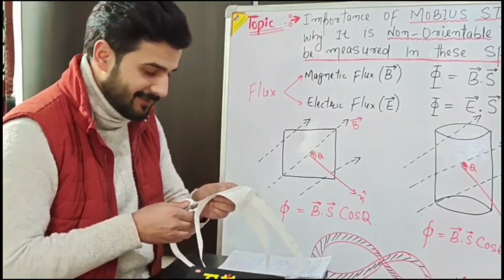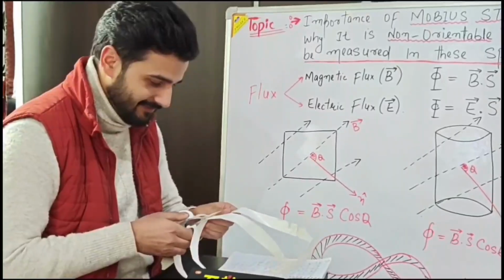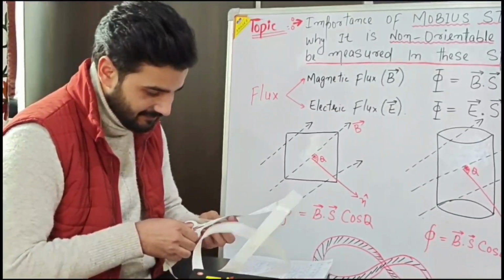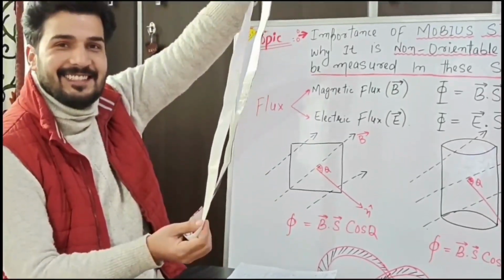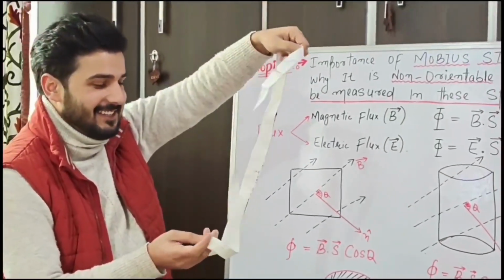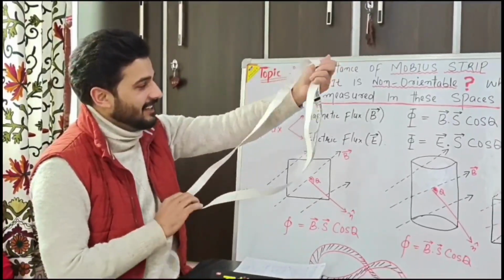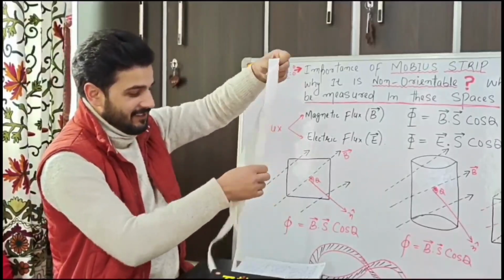Topology beats the intuition. What do we get? We did not get two separate strips.